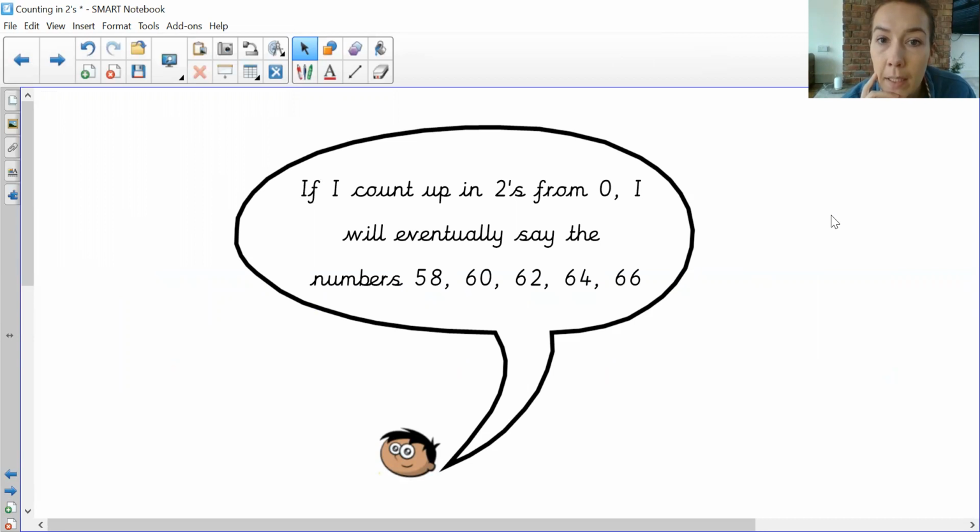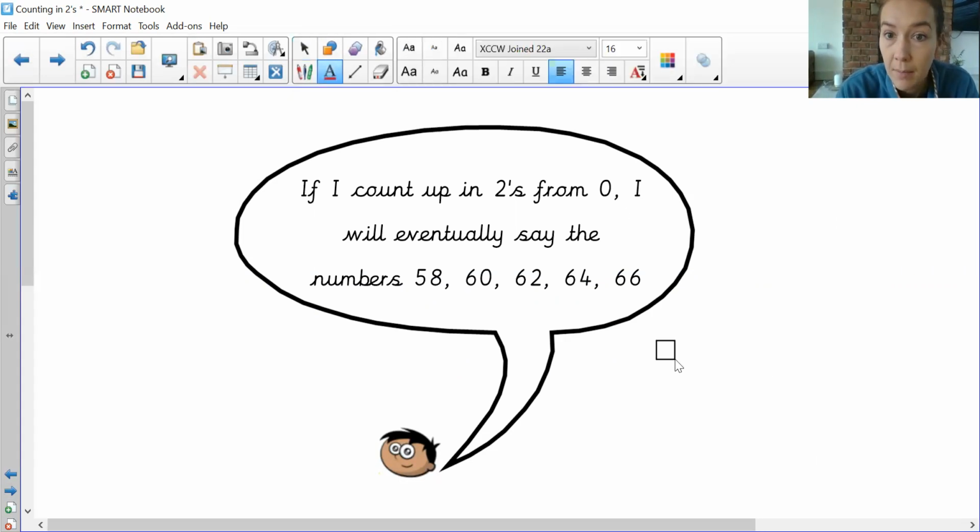Then finally, I always like these sort of problems where you've got to get your brains thinking. If I count up in 2's from 0, I will eventually say the numbers 58, 60, 62, 64, 66. So if we remember back to the key rules at the start, the numbers when you are counting in 2's always end in either 0, 2, 4, 6 or 8, yes, this answer is going to be yes.